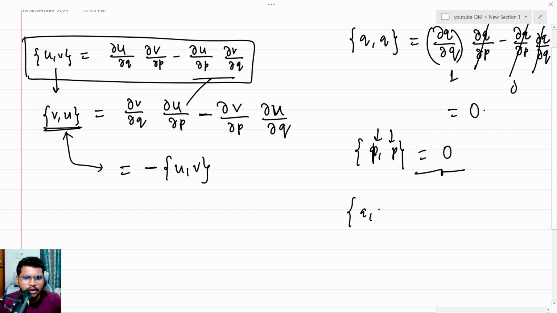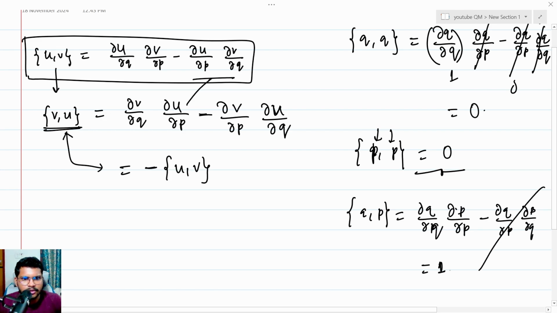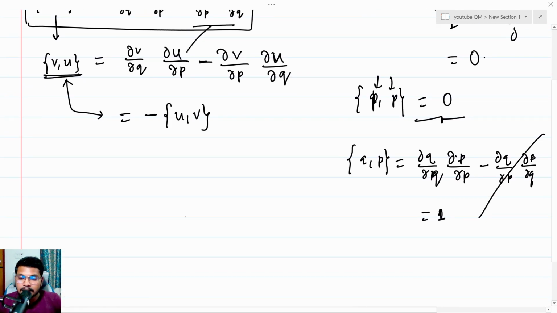But what happens if I get q and p? I'll write del q by del q, del p by del p, right? Del q by del p and del p by del q vanish, so it becomes 1, right? Therefore, if I want to write in terms of tensor indices i and j, I'll simply write delta ij.